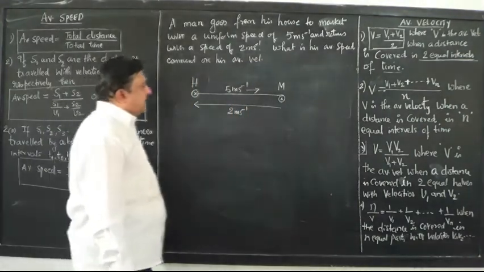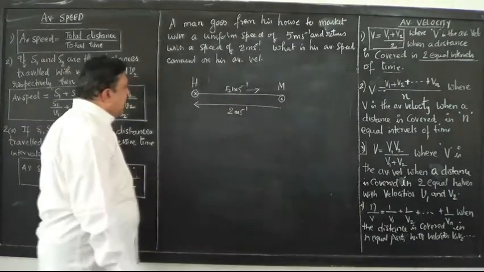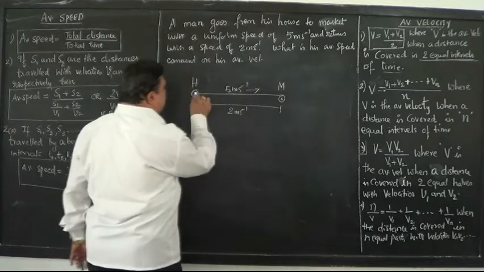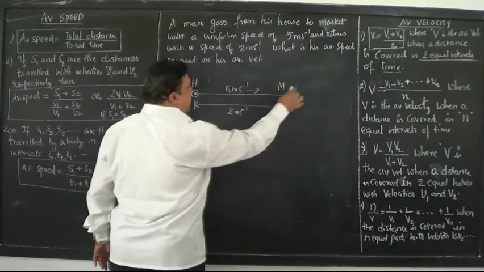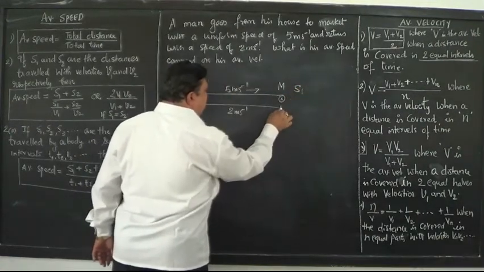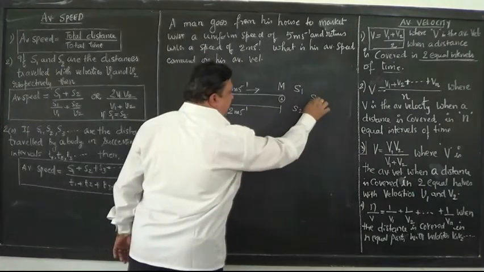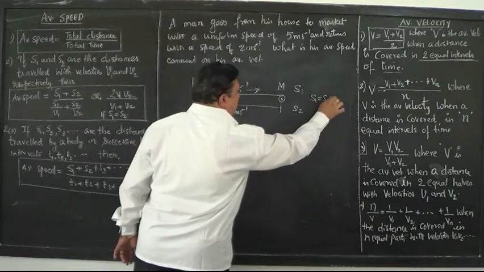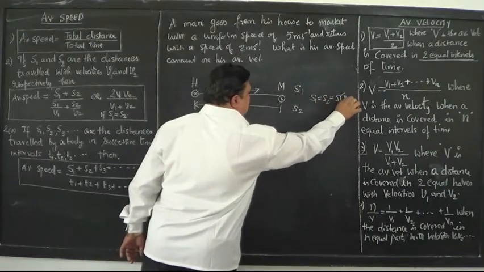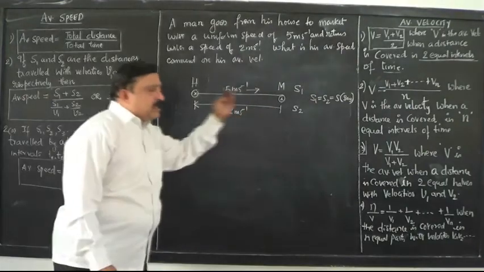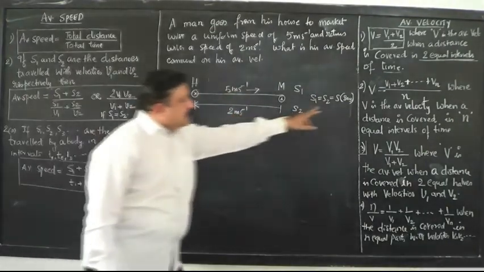Comment on his average velocity. Anyway, if you analyze this particular situation, the distance between house to market, that is S1, is same as the distance between market to house, S2. So we have a situation where S1 equals S2 equals S, let's say.